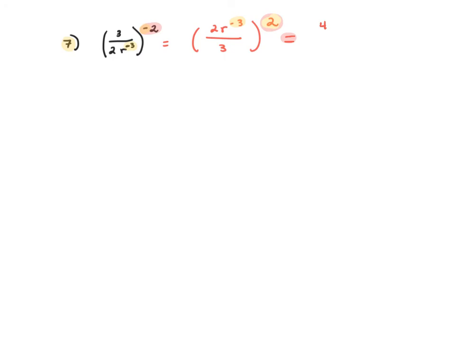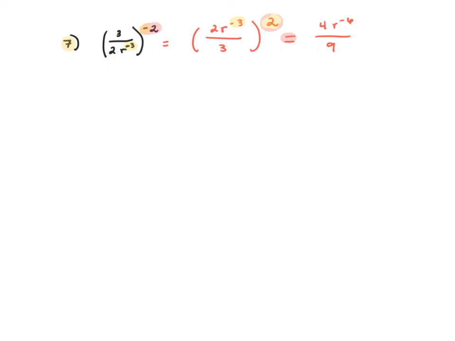R to the negative 3 to the second power, power to a power, I multiply. And then 3 to the second power is 9. So you're raising everything to the second power. Remember, for the numbers, you just do that normally. For variables raised to exponents, you power to a power, you multiply the exponents.